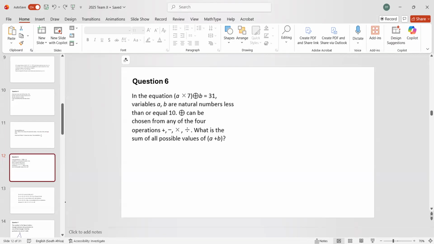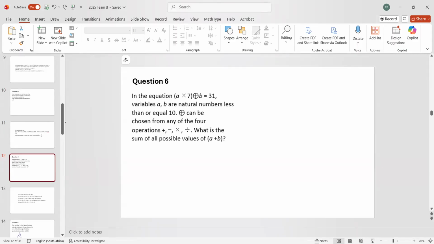Question 6 says, in the equation 8 times 7, and they got this other symbol here, plus, whatever that symbol means, is equal to 31. Variables A and B are natural numbers less than or equal to 10. So A and B are digits, in other words. No, it could be 10. So 10 is not a digit. So A could be anything from 0, or it can't be 0.